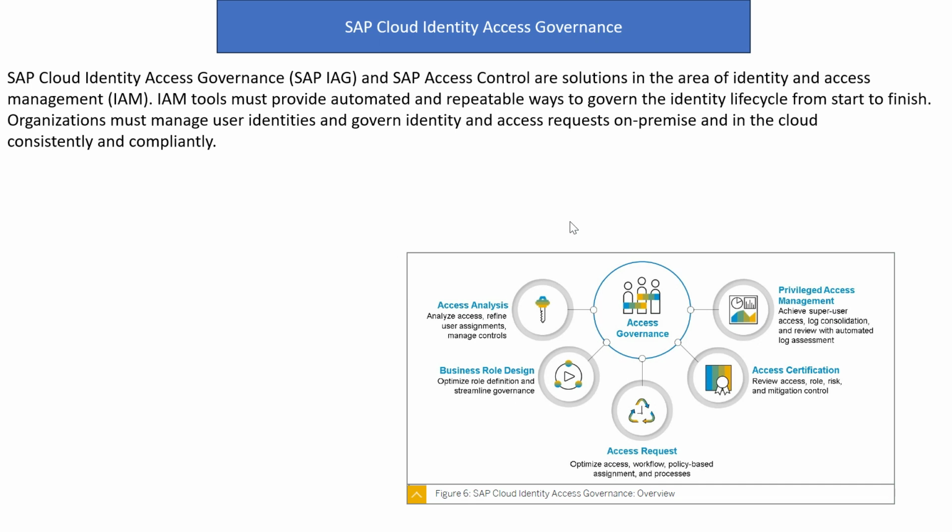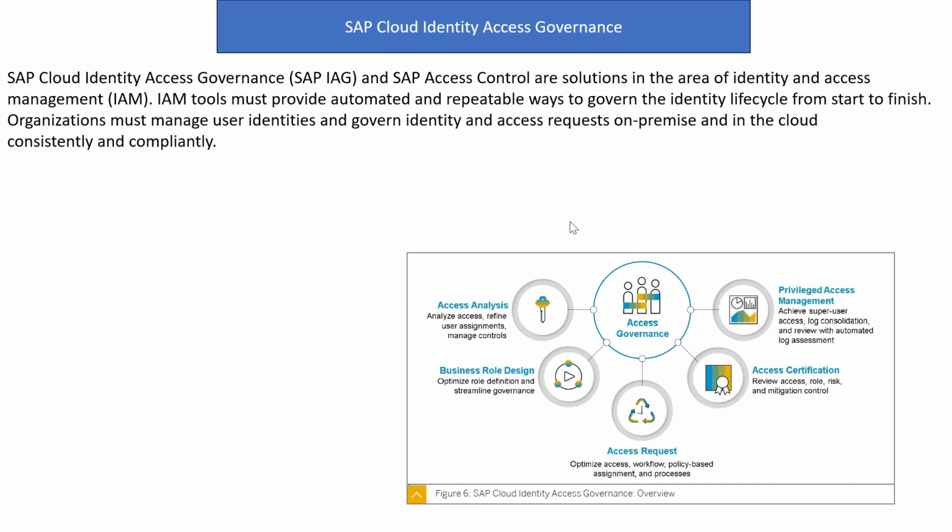We need to import all the roles from the plugin system into SAP Cloud Identity Access Governance, and then we can build the business role. We are not going to make any changes in the technical role, as we could do in BRM of GRC Access Control, which again takes you to the plugin system only. But here we can build the business role.